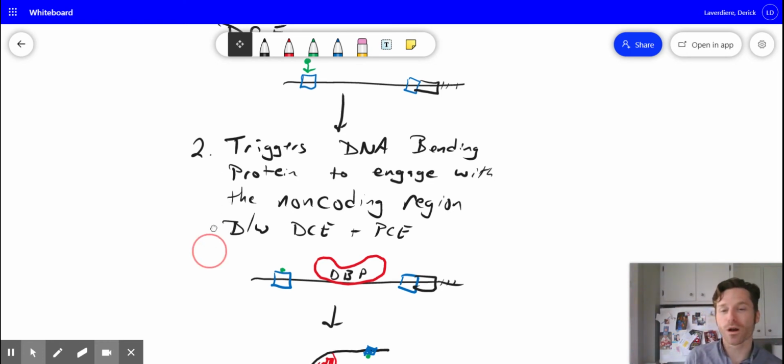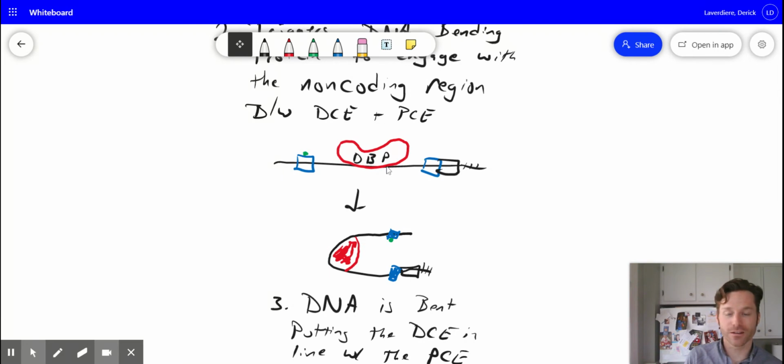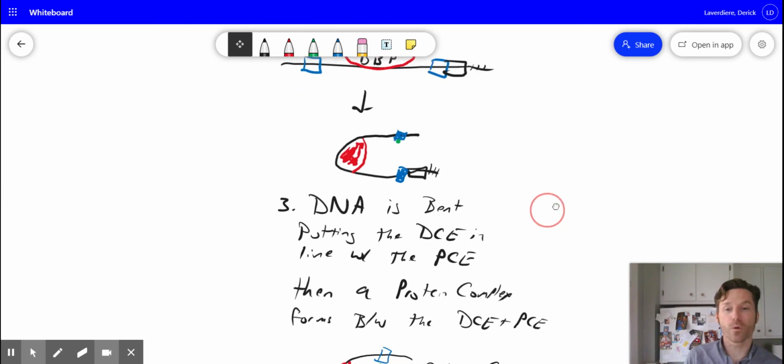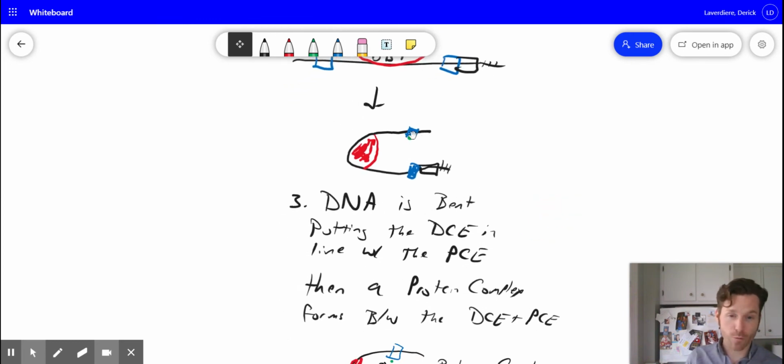Once that DNA bending protein is engaged with this non-coding region, it will bend the DNA up. So it's bent right here, you see that. The importance of this bending is that it now puts the distal control element in line with the proximal control element. So they're in line with one another.